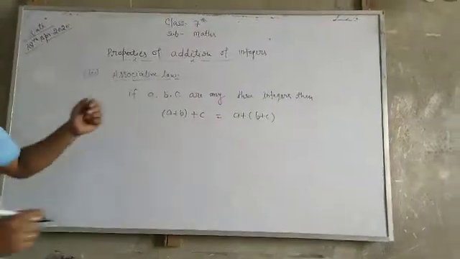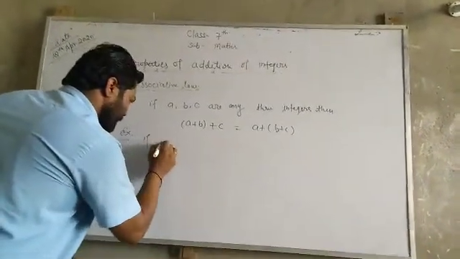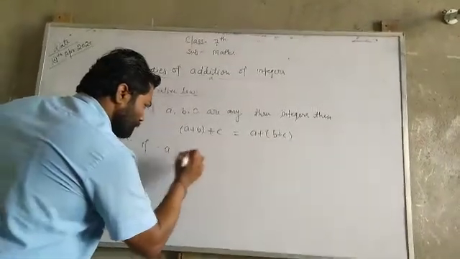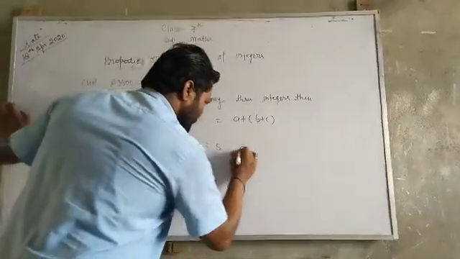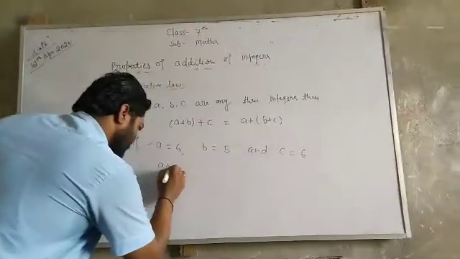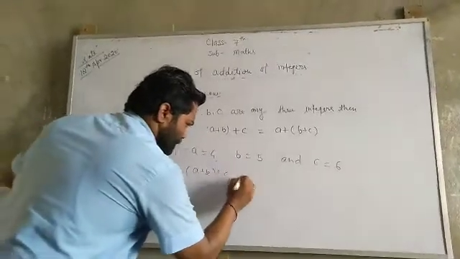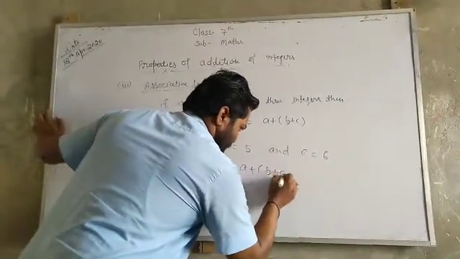We can also verify this by this example. If A equals 4, B equals 5 and C equals 6, then (A plus B) plus C equals A plus (B plus C).